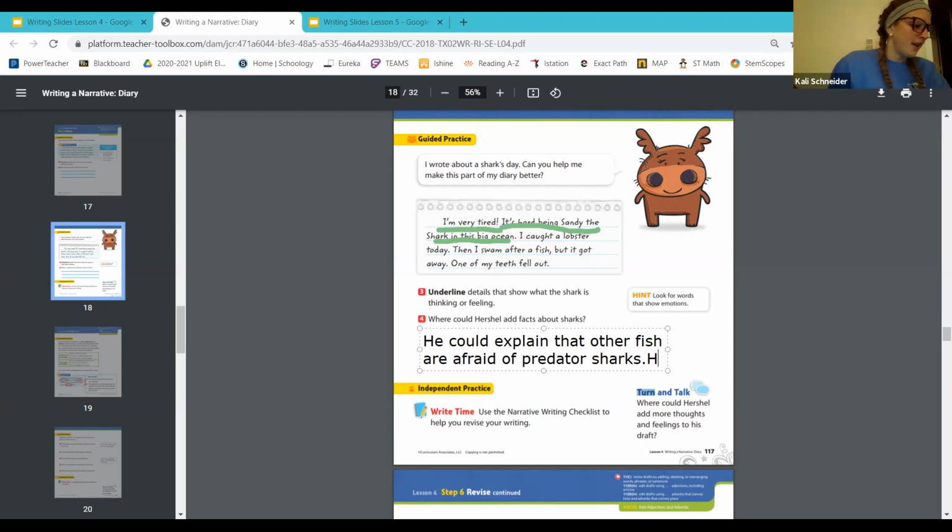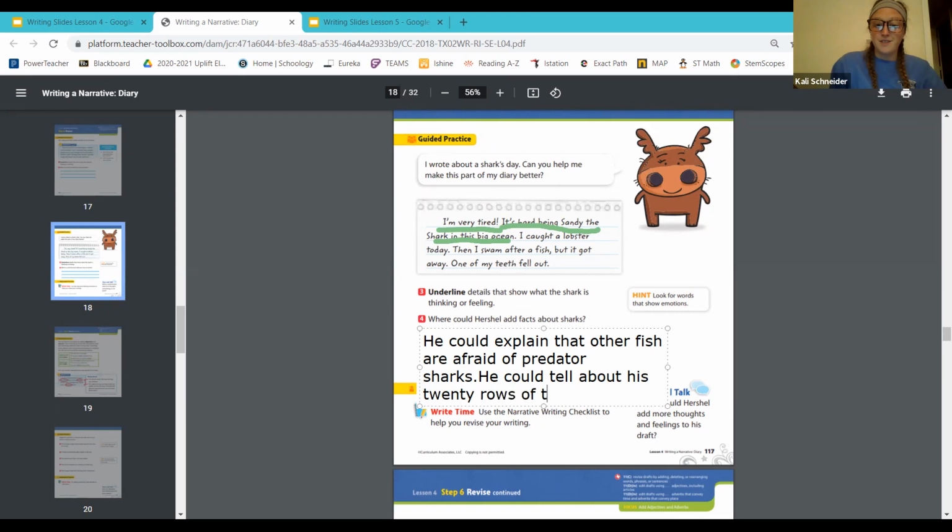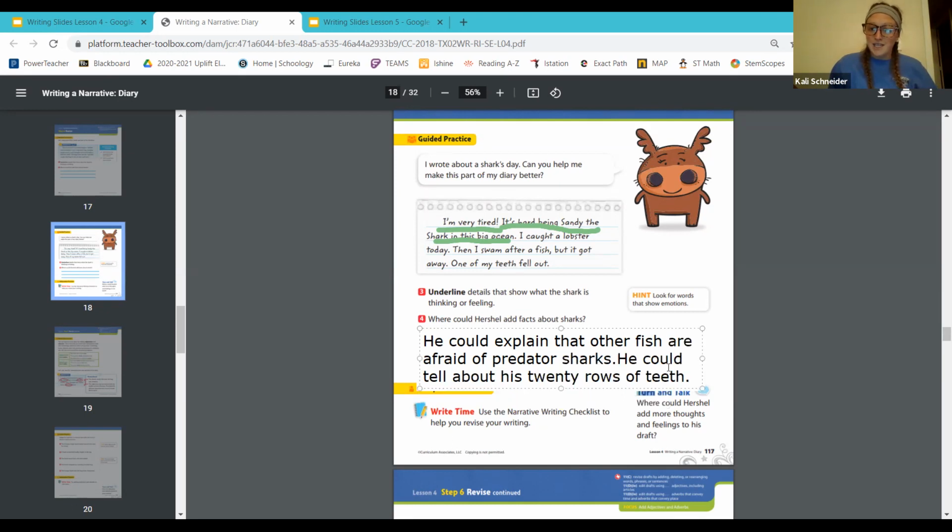So I'm going to say he could tell about his 20 rows of teeth, right? So yeah, he lost a tooth, but he could explain and tell more about his 20 rows of teeth, because that's a fact and that's pretty cool.